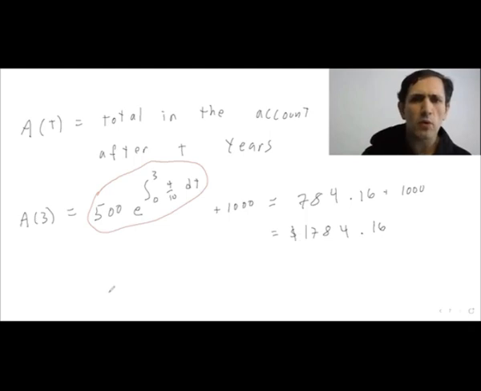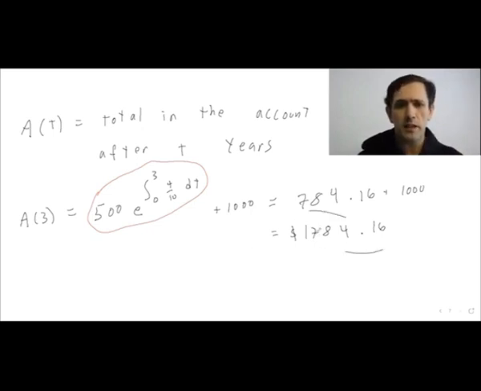Now we're going to basically reset the problem, and pretend that we have this new account where we make this deposit. Actually, it's probably not a bad idea to circle it.